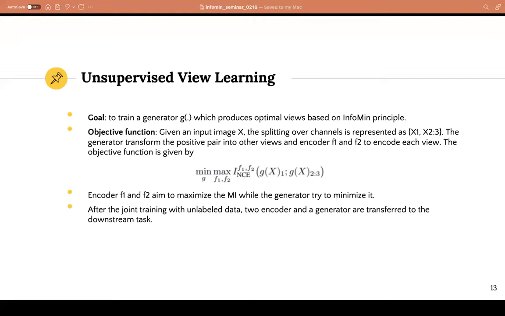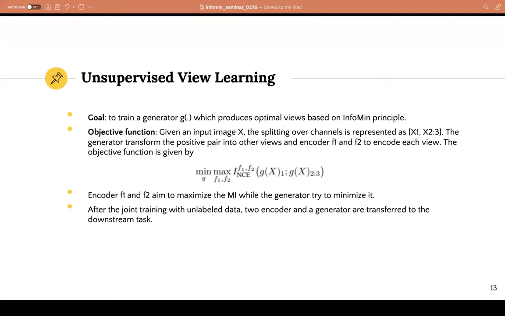So the objective function is given by like this. It's like a GAN, actually. The 2 encoders are trying to maximize the mutual information between those representations, while the generator try to minimize it.